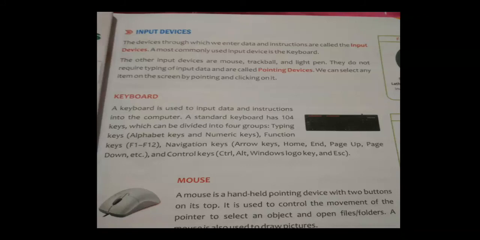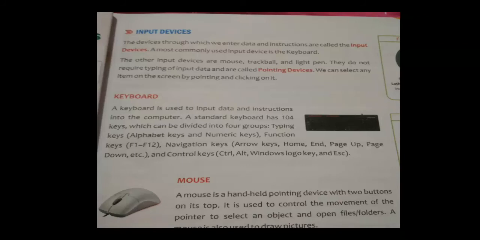The most commonly used input devices are keyboard and mouse. Mouse and light pen are considered pointing devices because they show the arrow and are used for pointing or clicking the object on the screen.